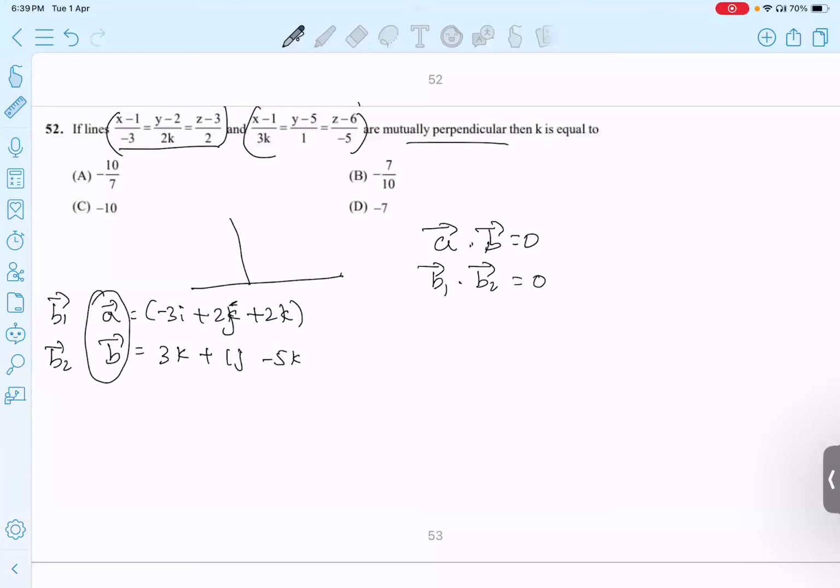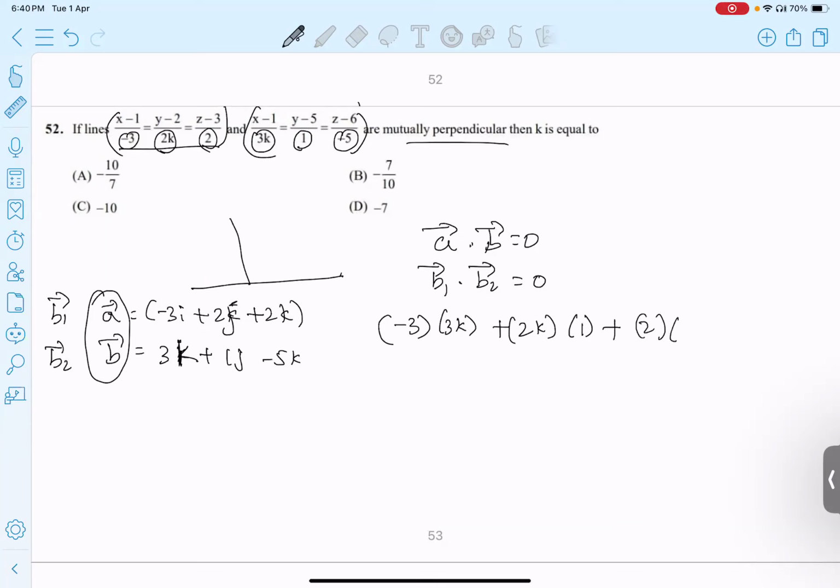So applying the dot product: multiplying the i component, minus 3 into 3k, plus multiplying the j component, 2 into 1, plus multiplying the k component, 2 into minus 5. So now this gives equal to 0.